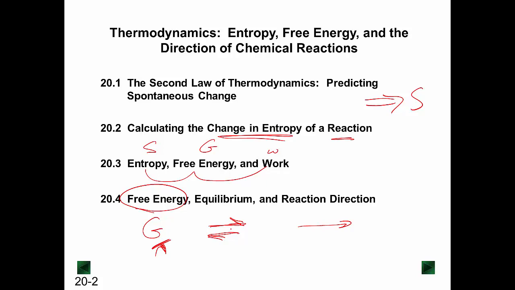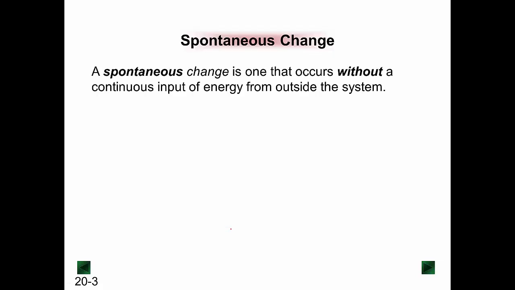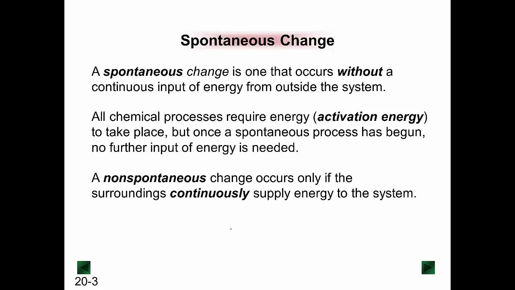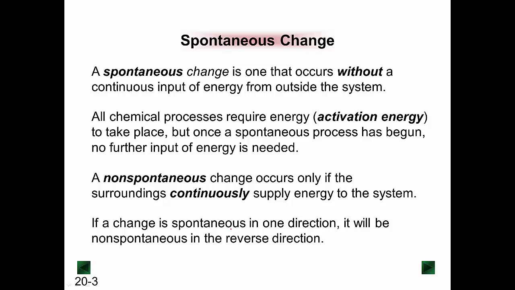So let's start by discussing spontaneous change. Of course this is a change that occurs without input of energy. So we define this here. We talk about the continuous input of energy from outside of a system.